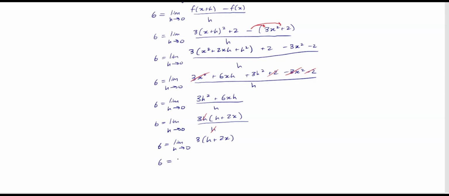So 6 is equal to 0 plus 2x. So 6 is equal to 6x, and therefore x is equal to 1. If I have x is equal to 1, then I can again substitute that into the equation. So my y value is going to be 1 squared plus 2, which is 5, so the point is (1, 5).